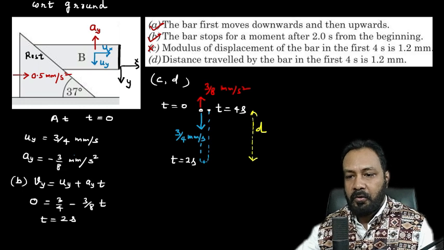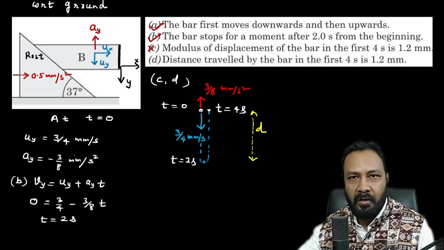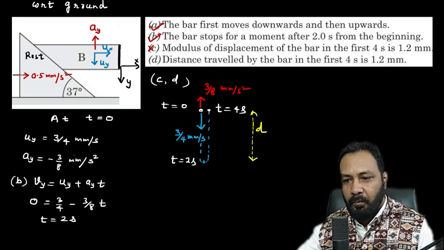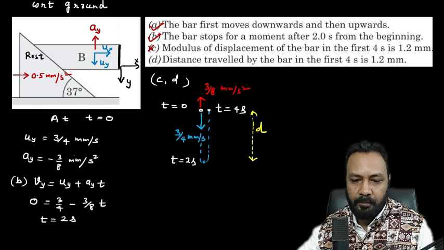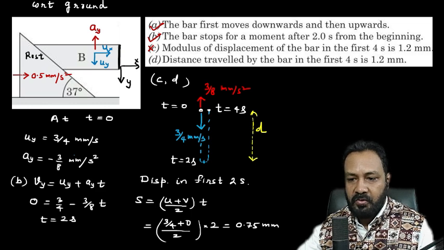For the D option, the distance traveled in the first 4 seconds, from the symmetry we can see that you just get the distance traveled in the first 2 seconds and multiply by 2, because whatever distance is from here to here, the same is on the return. So for the displacement of the first 2 seconds, apply the second equation of motion: s is equal to u plus v by 2 into t. u was 3 by 4, v is 0, and t is 2 seconds, we get 0.75 millimeter.